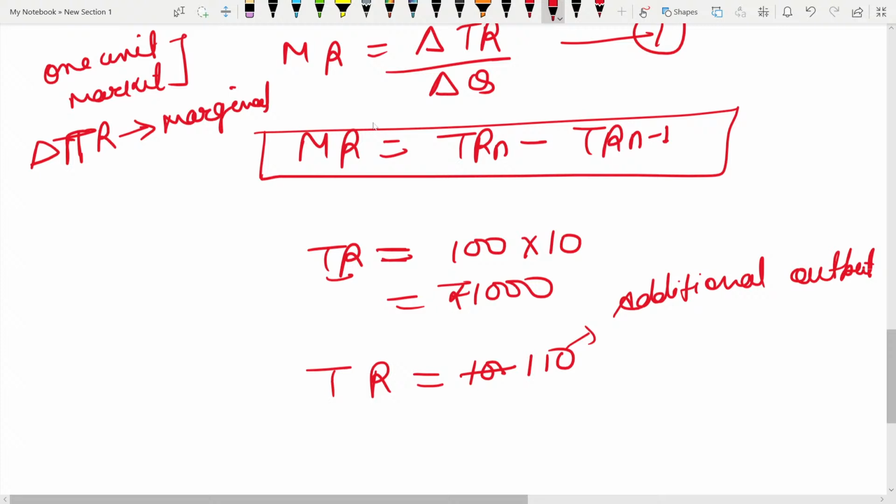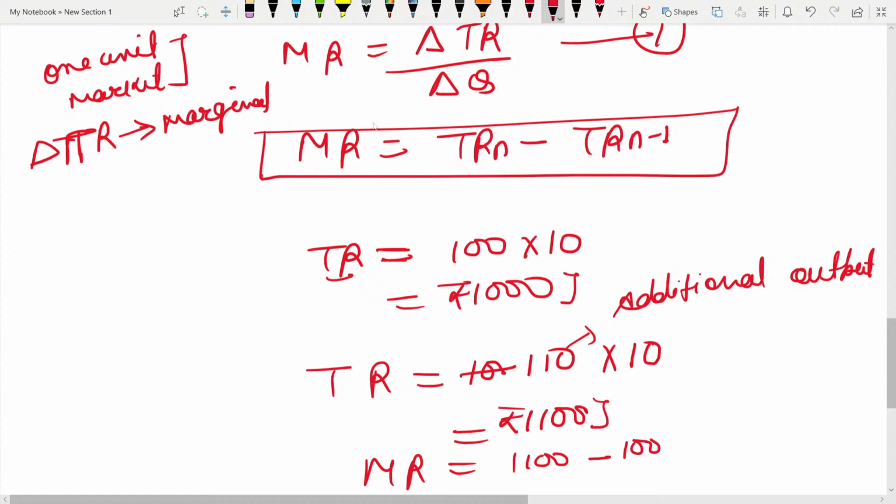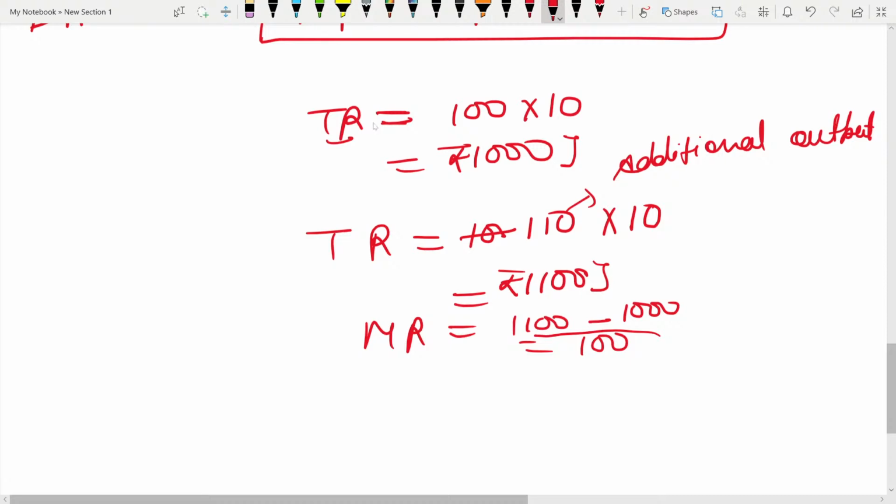Now at price 10, what would this total revenue be? This will be 1100. We can say the change between the initial total revenue and the final total revenue: 1100 minus 1000 gives 100. So this 100 is nothing but the marginal revenue.